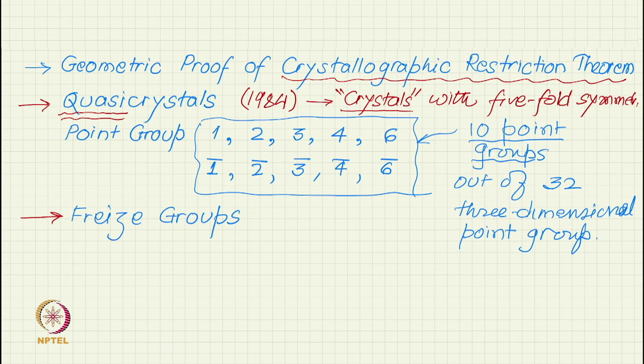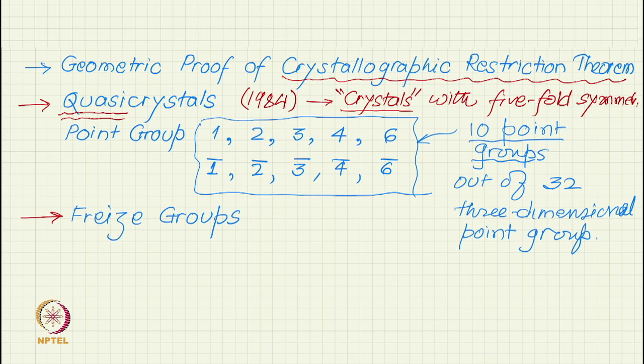So, point groups only give you symmetry of finite objects. A square, for example, is not a square crystal, but a square has a 4-fold symmetry. So, it has a point group 4.